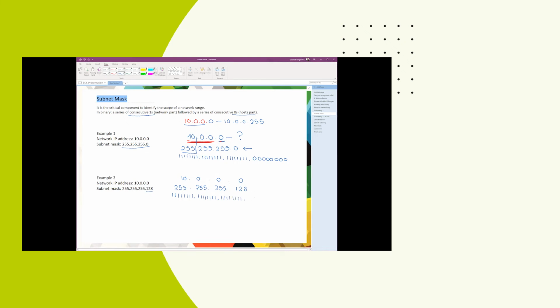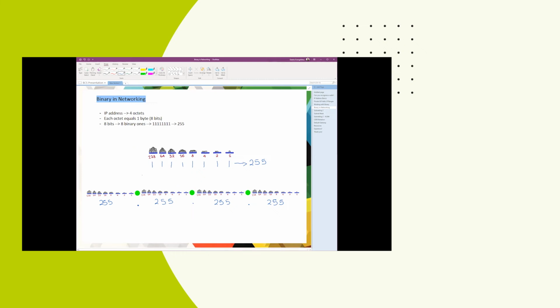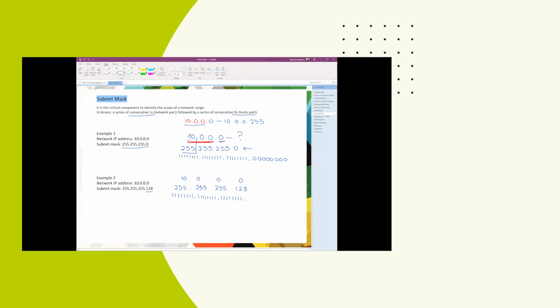How many ones here? I'm going back to the binary system. Our last octet is not 255, it's 128. So we're going to need 1 here and all zeros. For 128, it's 1 followed by 7 zeros.